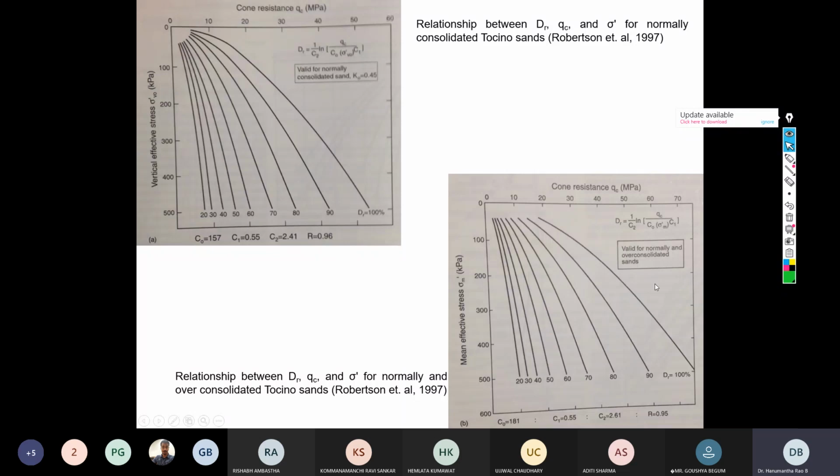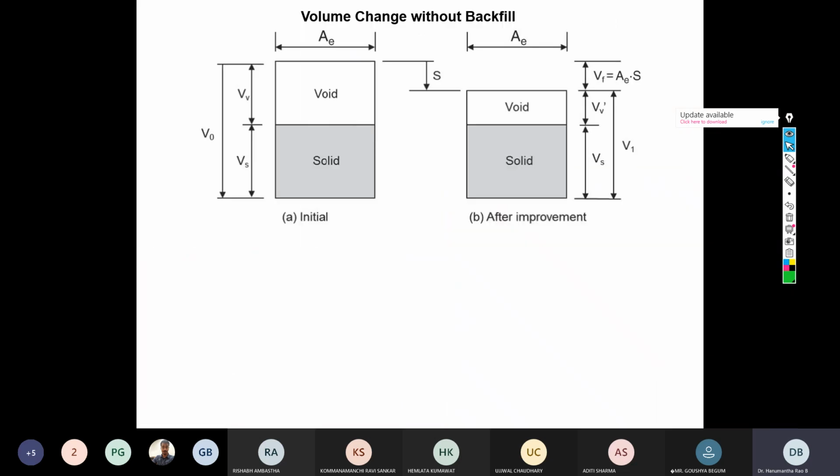However, this is valid for both normally and over consolidated sands. So you can use these charts as predefined charts to ascertain the degree of improvement in the form of a relative density.